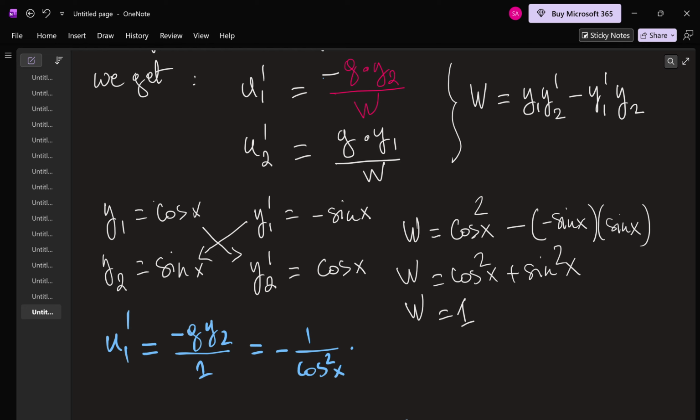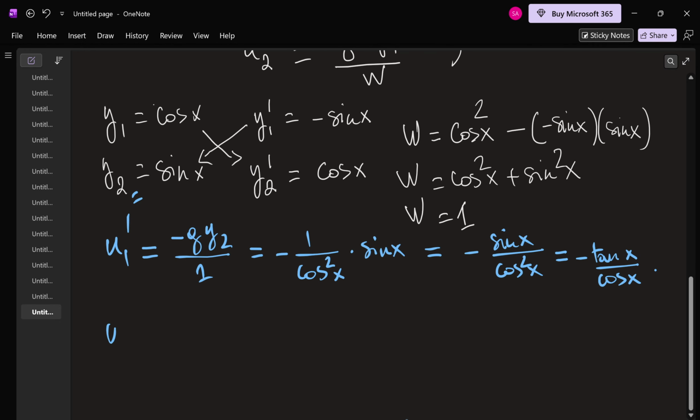What is y2? This is sine x. So this is actually minus sine x over cos squared x. Sine over cos, what does it give you? It is minus tangent x over cosine x. So this is u1 prime.